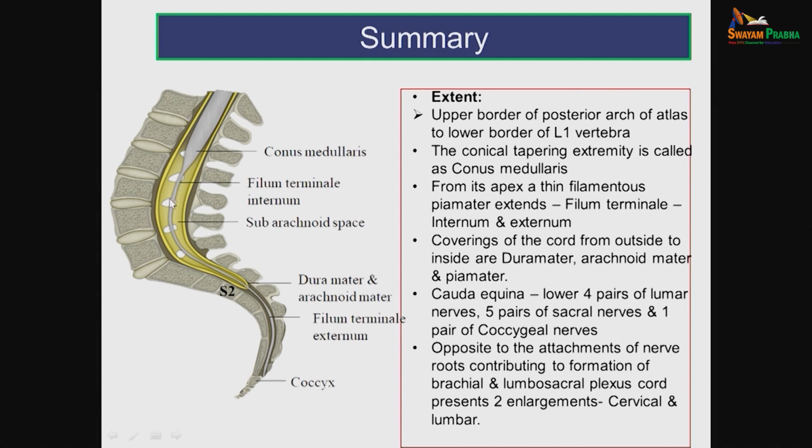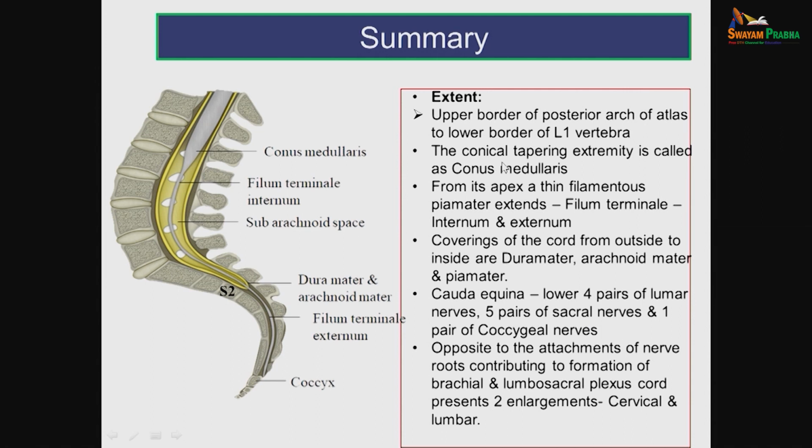The coverings of the cord, as we have learnt, from outside to inside, are the dura mater, arachnoid mater, and the innermost pia mater. Between the arachnoid mater and the pia mater is the subarachnoid space. The cauda equina is composed of the lower 4 pairs of lumbar nerves, 5 pairs of sacral nerves and 1 pair of coccygeal nerves.